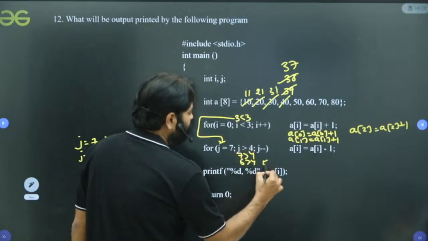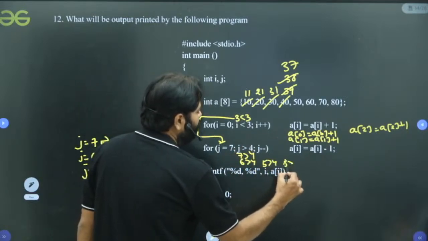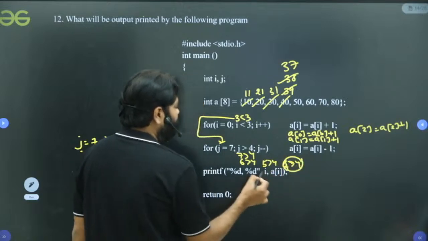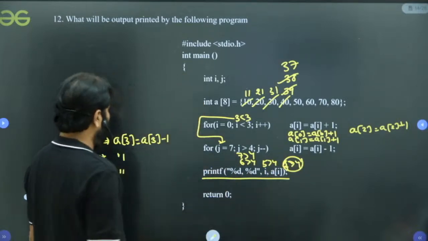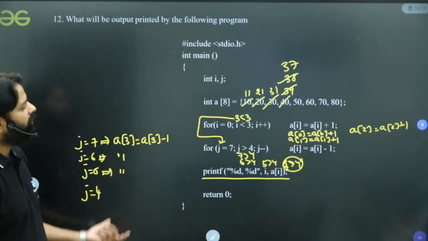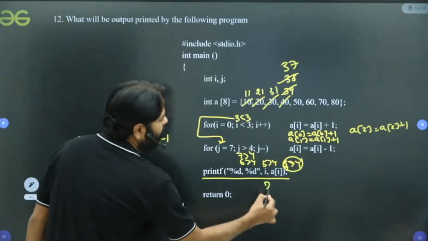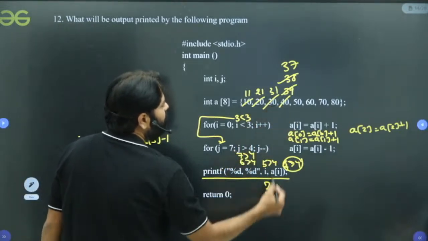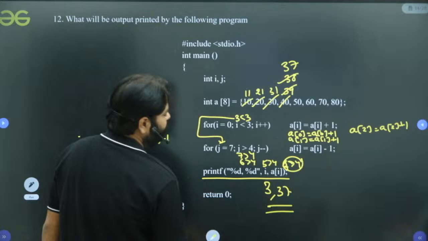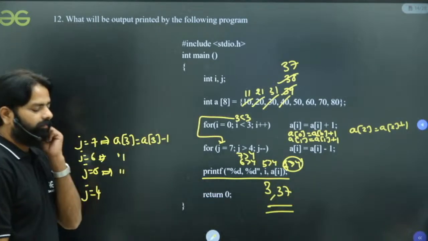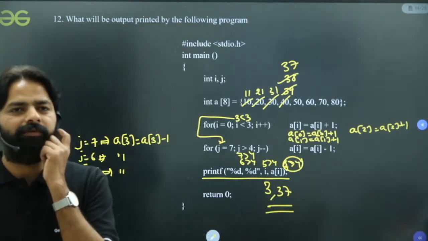So 5 greater than 4 you will succeed, but 4 greater than 4 it will fail. It comes down, it will print this one. What is the value of i you have all the time? 3. A of 3 right now, what is it? 37. 3 comma 37 was the right answer.